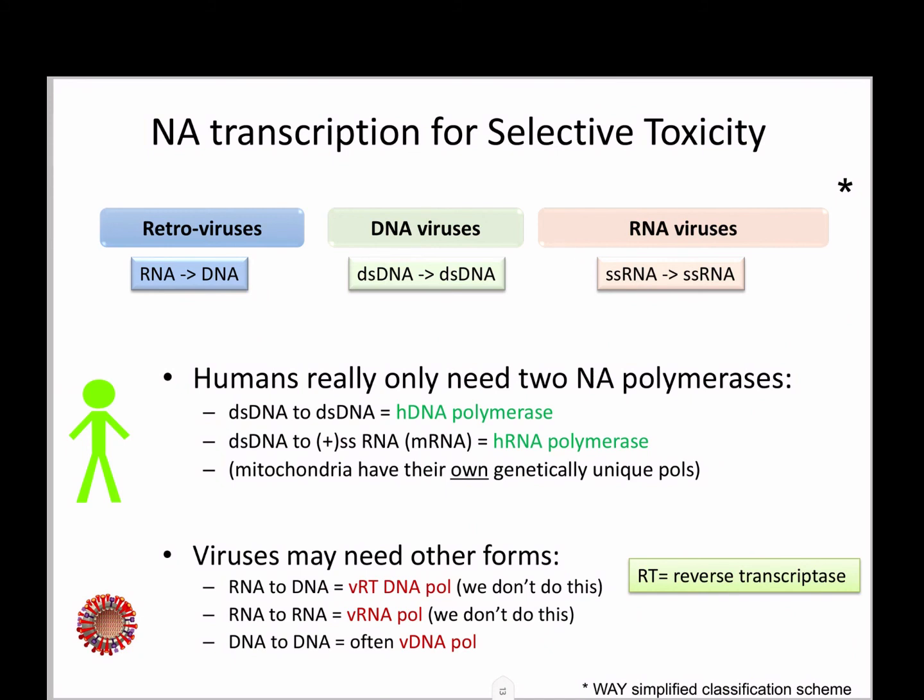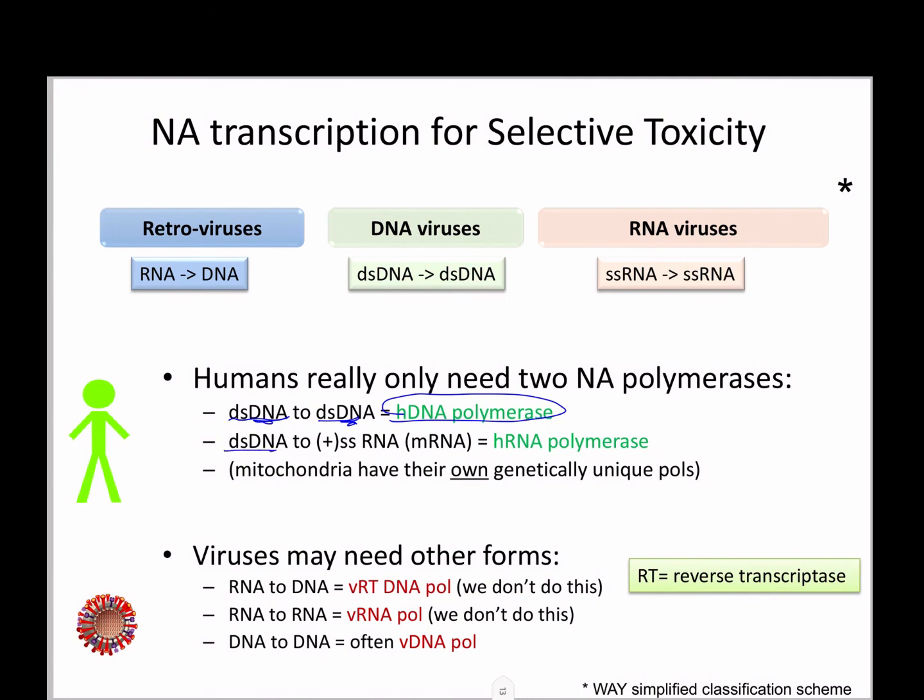We all have nucleic acid polymerases, but as we said, we have different ones. So when you look at what humans need to do, we start with double-stranded DNA. We have to replicate that when we produce new cells. So we need a DNA-dependent DNA polymerase for our own cell replication. And when we want to make proteins, we start with our DNA and we need to transcribe that to mRNA.